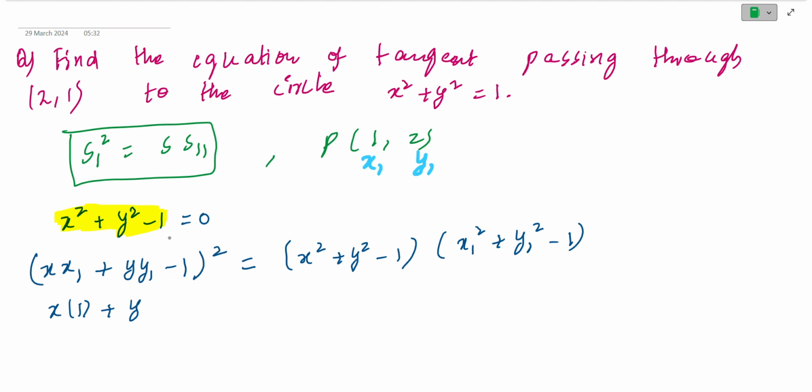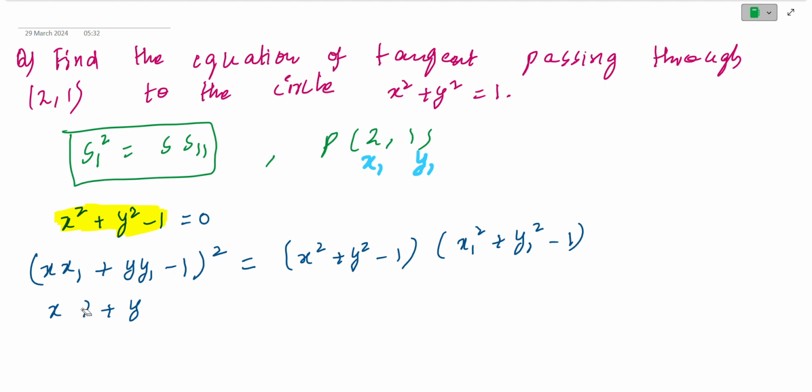No, no. I have made a mistake here. The point is 2 comma 1. Okay, I have taken it as 1 comma 2. Let me fix that. So that is 2 comma 1. Okay.